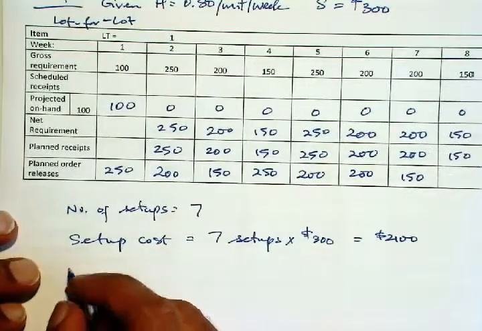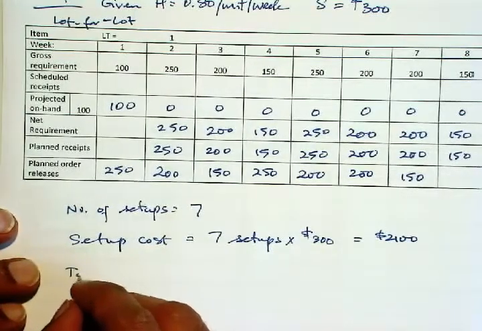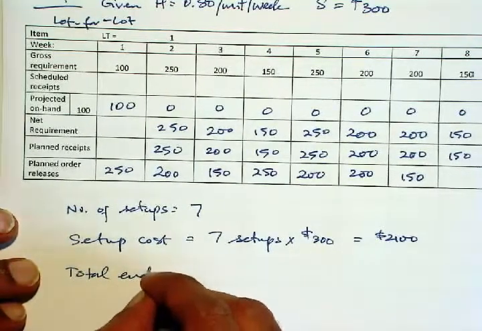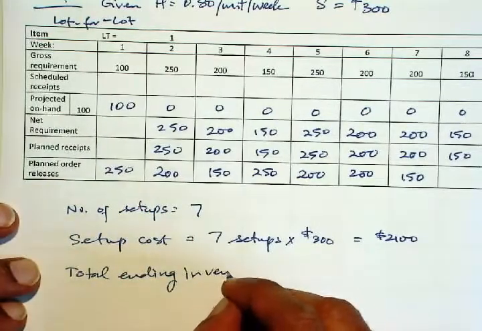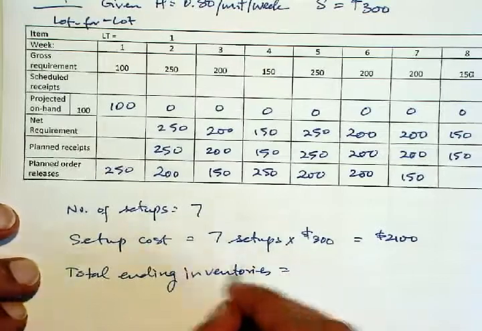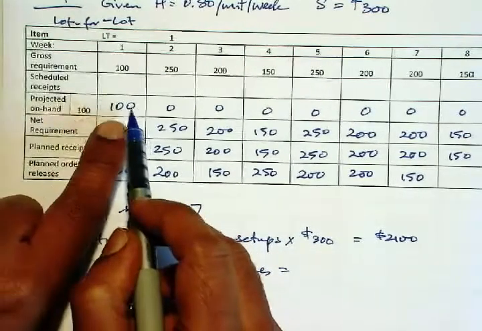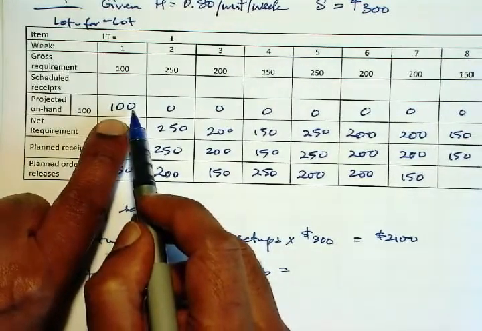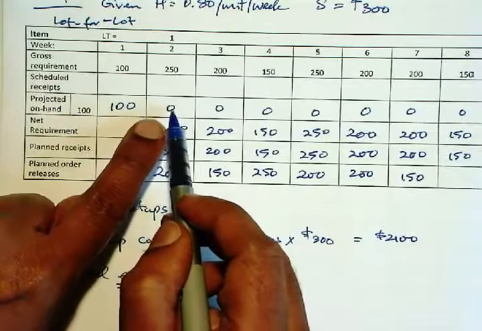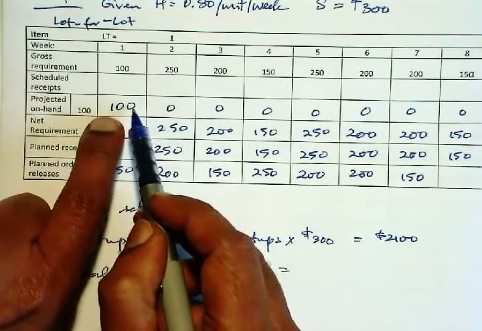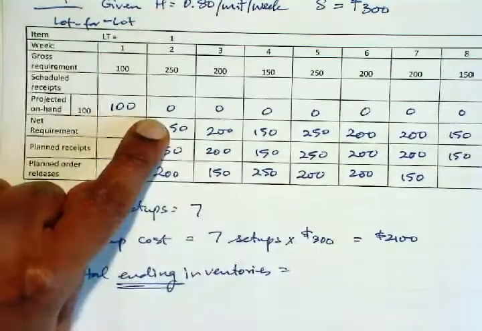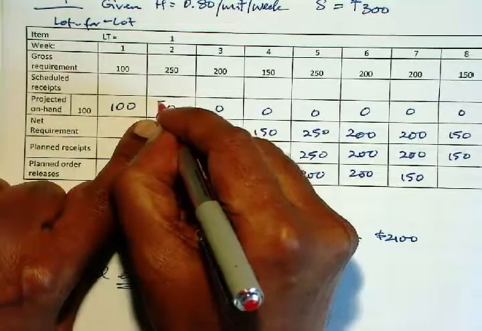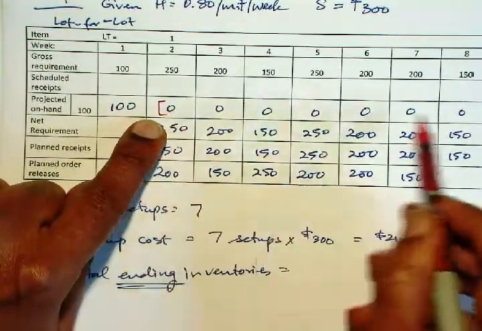Now total ending inventory. So carrying cost is based on ending inventory. So this is beginning inventory. So the beginning inventory of week 2 is the ending inventory of week 1. So we have to start from week 2. The ending inventory should be computed from week 2, and it's all 0.